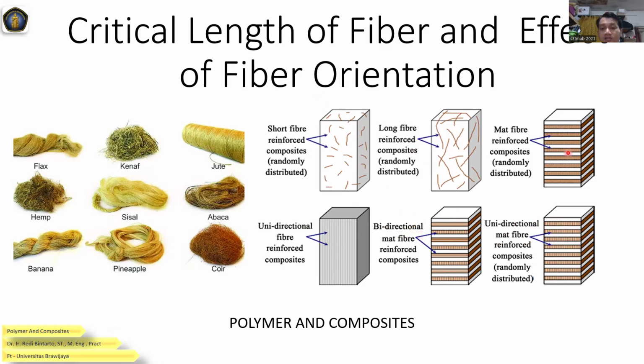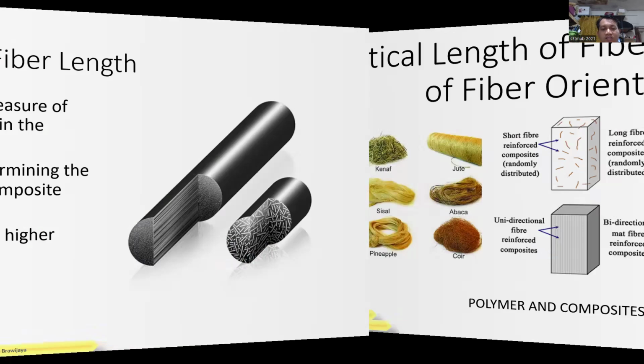So the distribution of the fiber orientation affects the strength and other characteristics of the composite itself.